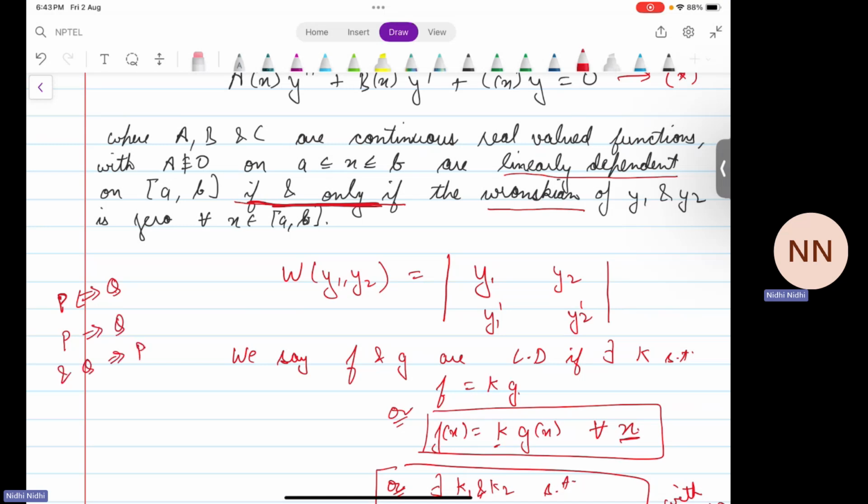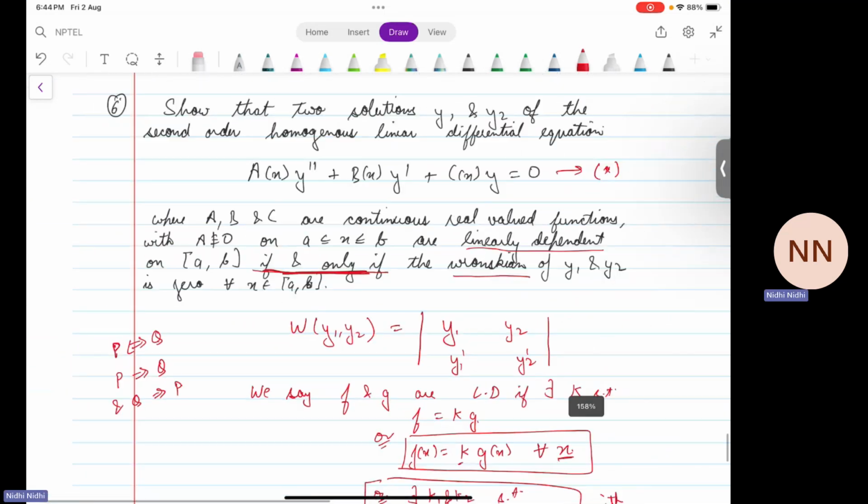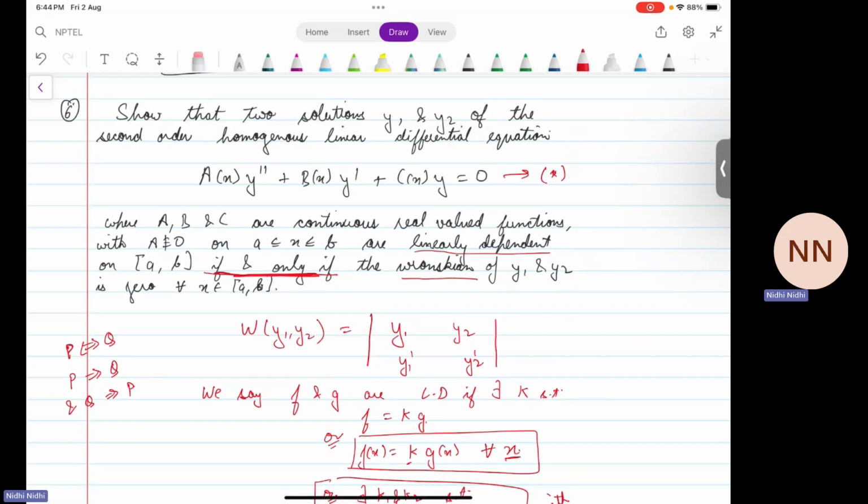That means, firstly, we will start with the fact that y1 and y2 are linearly dependent. Then we will show that this would imply that the Wronskian is 0. And conversely, we need to show that if the Wronskian is 0, this would imply that the functions y1 and y2 are linearly dependent. I hope you all are now comfortable with the setup of the question.